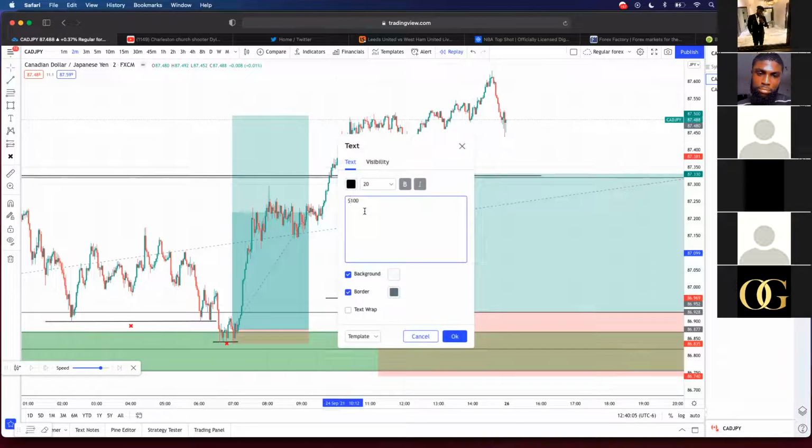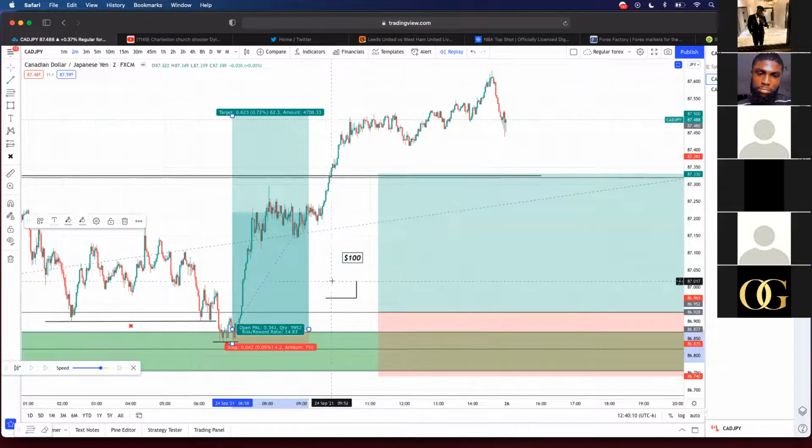A lot of people say you can't really make money on currency pairs. But on this particular trade, you're risking $100. If this trade goes from 86.87 to 87.50 with your stop loss and your risk management like this, you've made $1,400 in one trade, or 1483, because it's 14.83 risk to reward. So if you understand the market, you can make bank with whatever you're trading.